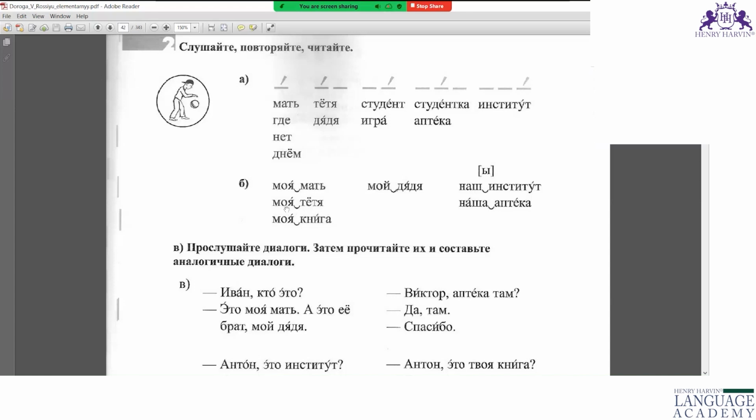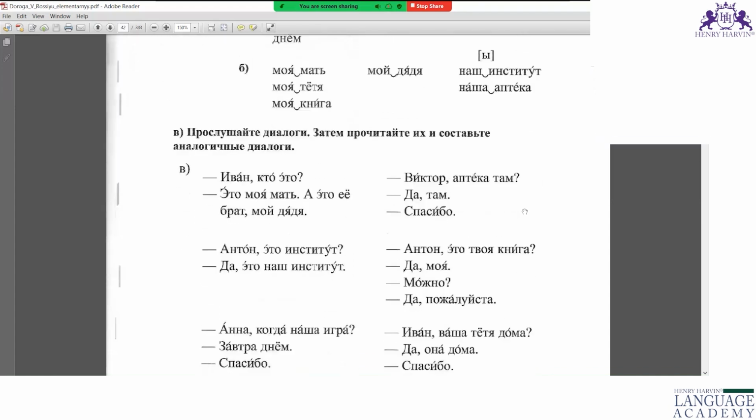That's why we use моя, my. Моя книга, ending a, feminine. Мой дядя. Дядя ends in letter я, but we understand that it's a male relative, so we say мой, like мой папа, мой дедушка, мой дядя. The three are exceptions. Мой, наш, our. Наш институт, наша аптека. Our pharmacy, our institute. Окей.